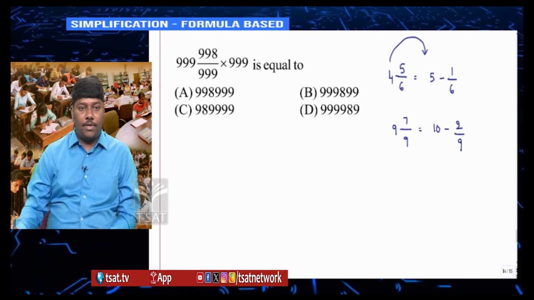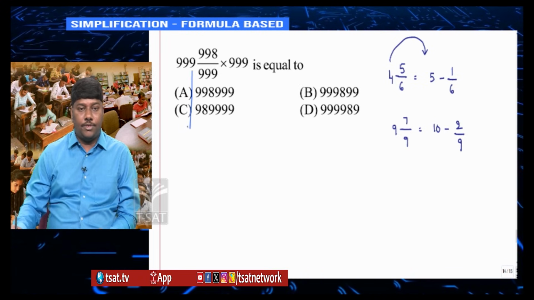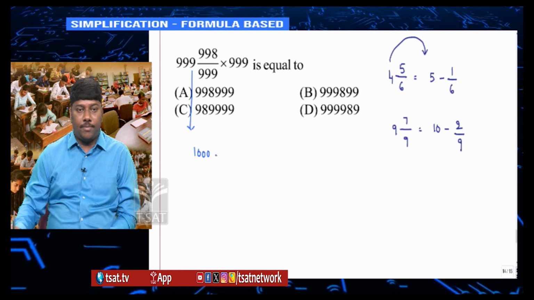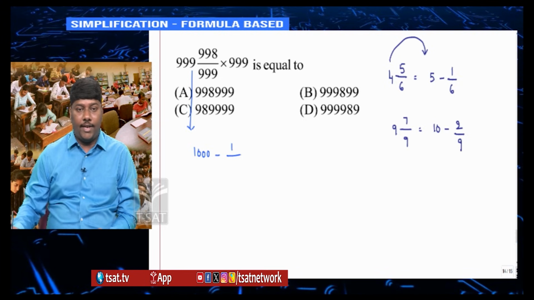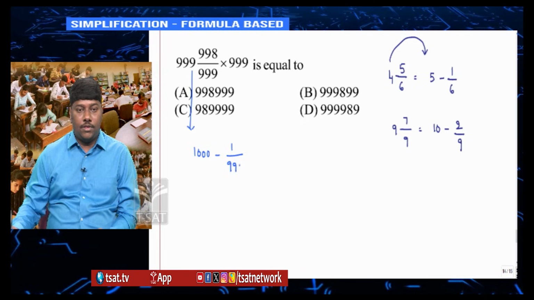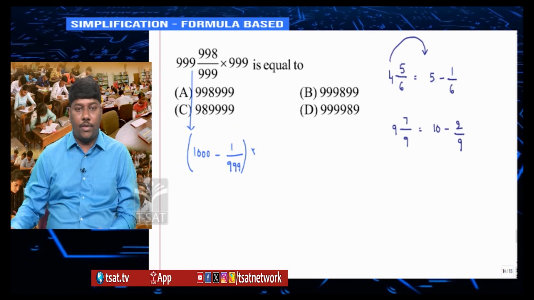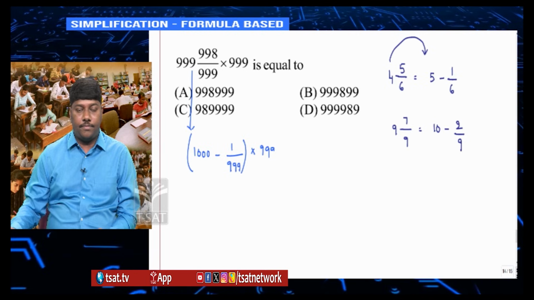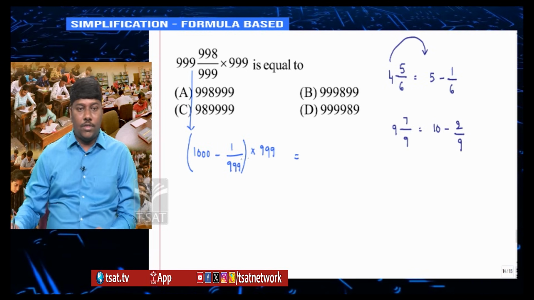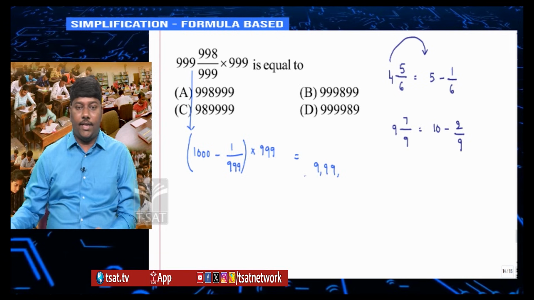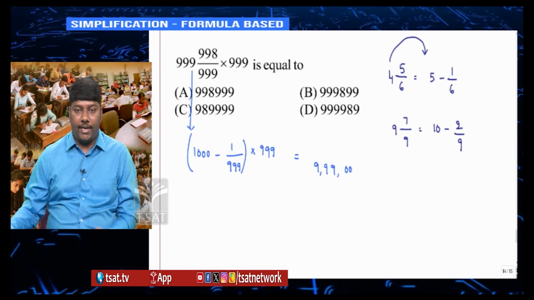Now look at this. After 999 what comes? We know 1000. How much you need to subtract? Just 1 by 999. So we can come to the last step directly. Into 999. So 1000 into 999, you can write it as 9,99,000 minus 1.